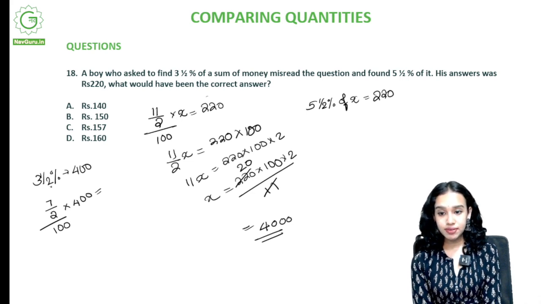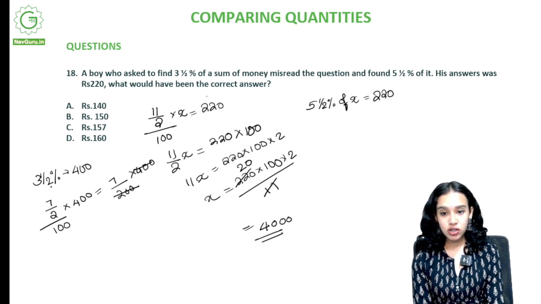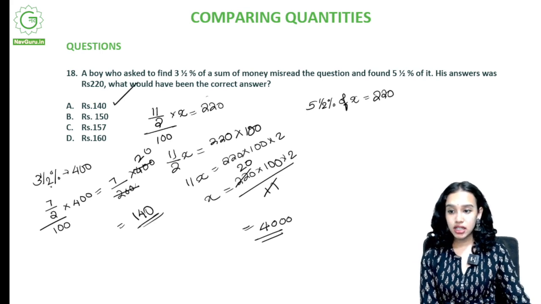So we have 7 by 200 into 4000, right? Now 200 and 4000 cancel out to be 2 into 0. Yeah. Now we get it to be 140. 140 is the right answer.